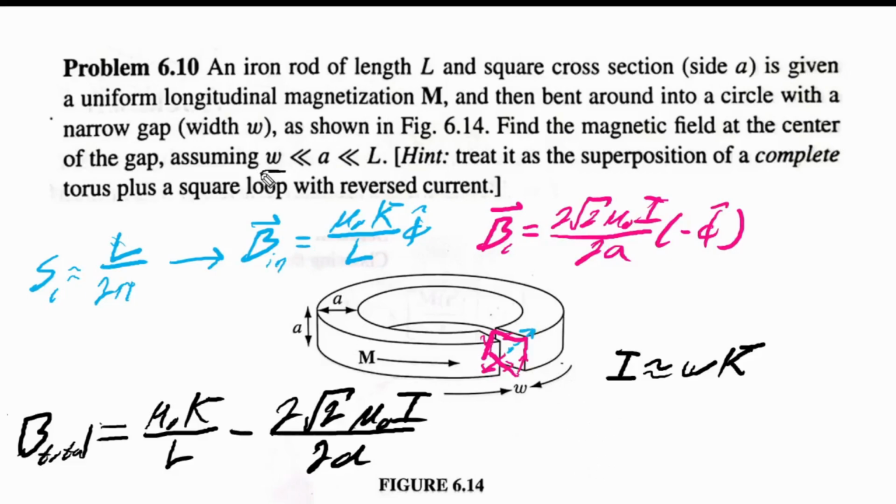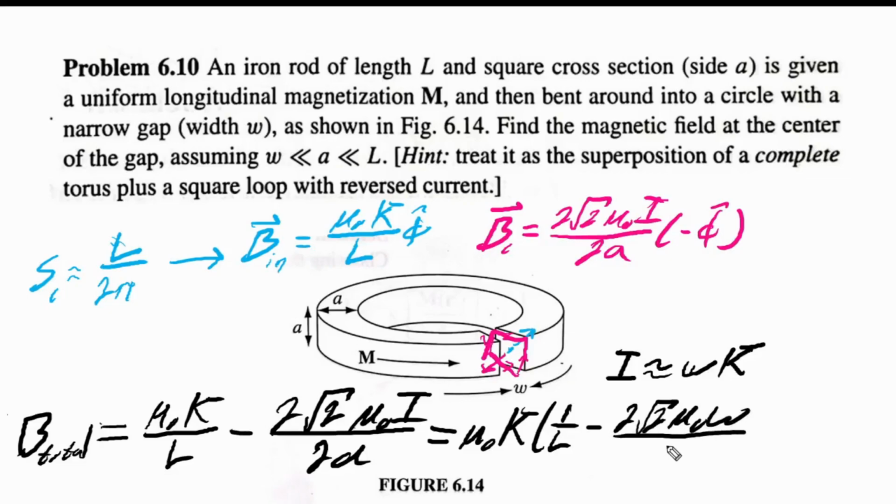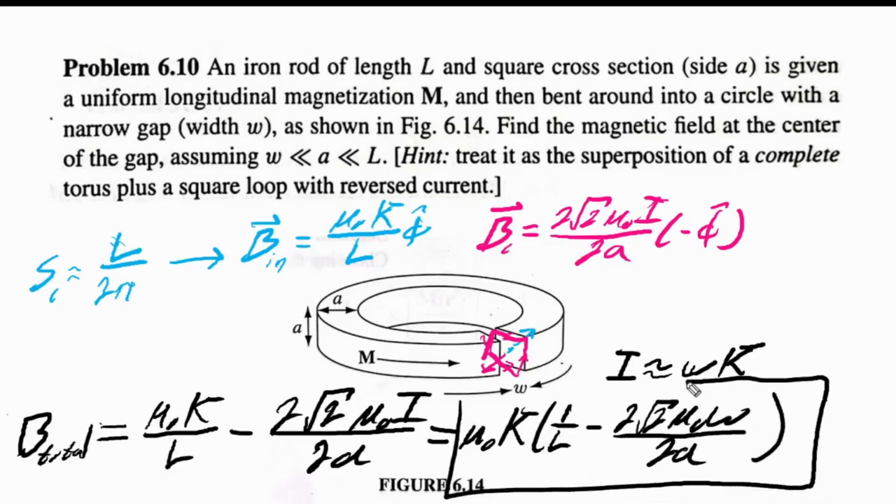That's why they said that W is much smaller than A, which is much smaller than L. So after simplification, we should get mu naught k, 1 over L, minus 2 times the square root of 2 mu naught, oops, not mu naught I, but W, all over 2a. That's going to be the final answer.